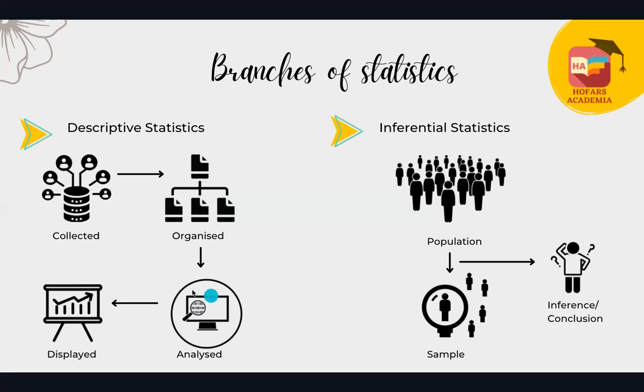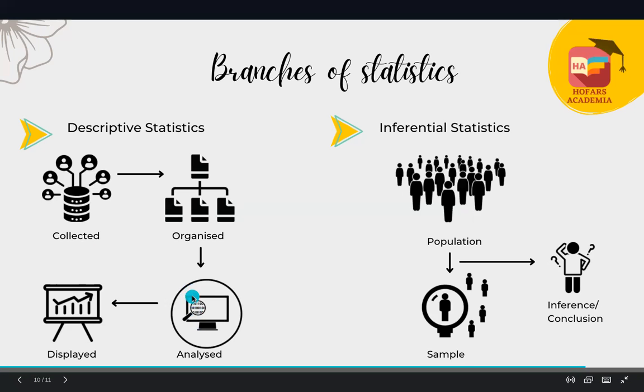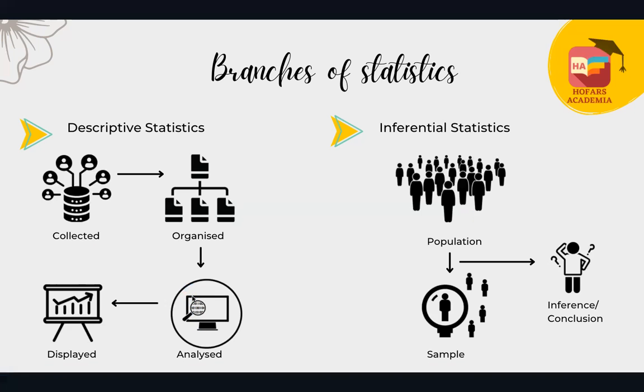Moving ahead to analysis. During analysis, we do not draw conclusions based on any sample of population. We do general analysis of the data using graphs or visualization tools. And then that data is displayed. We explain and display data for better understanding, especially for the clients. For inferential, there will always be a sample and a population.